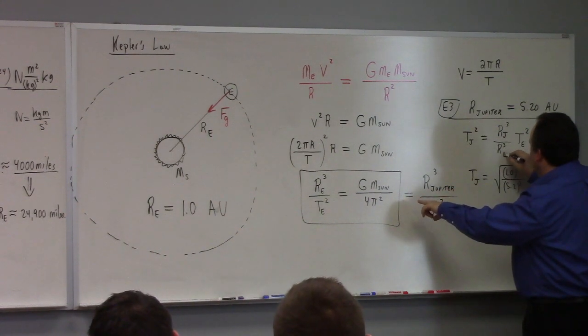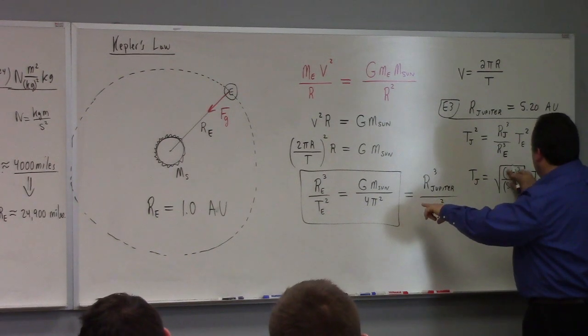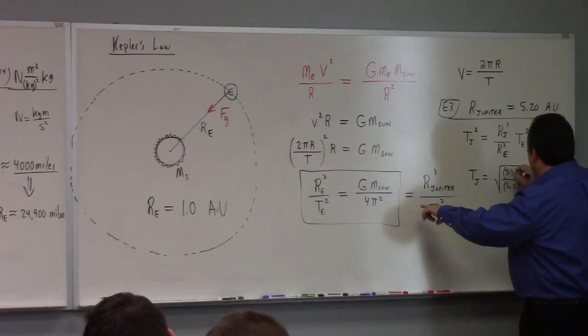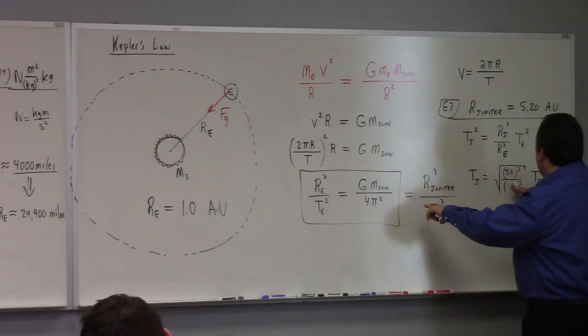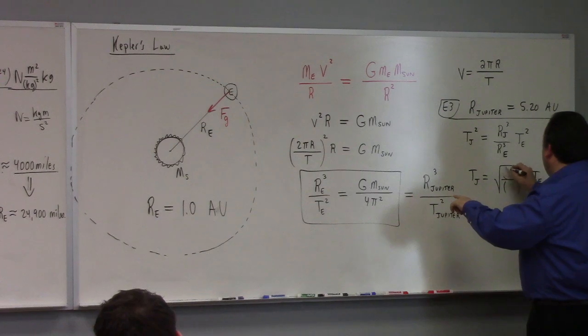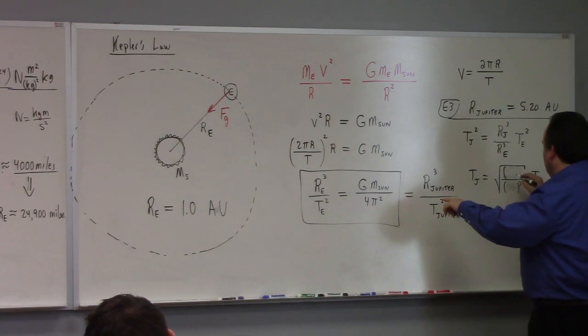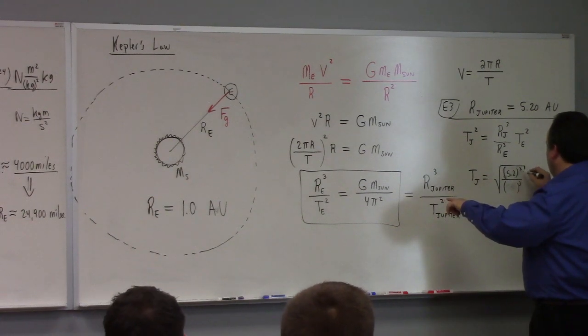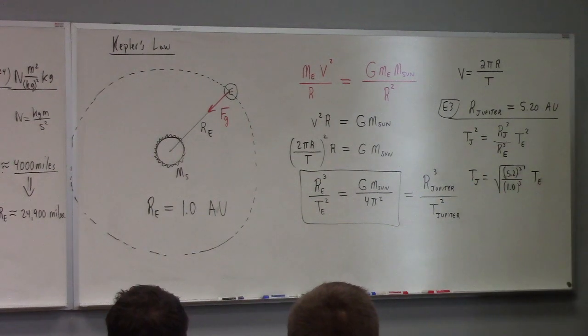My bad. I was like, what? I'm about to get a number smaller than an Earth year. That would be weird. So where was I? 5.2 cubed divided by 1.0. 1.0 cubed is dumb, but there it is.